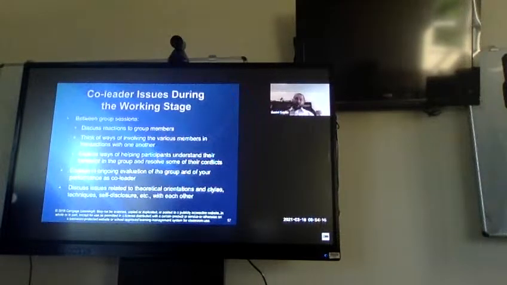When we talk about co-leading a group in a working stage, between group sessions, you're supposed to discuss the reaction to group members, see how each one is interacting with one another, and how you can help participants better understand themselves, better understand their behavior within the group, and resolve some of their conflict, right?